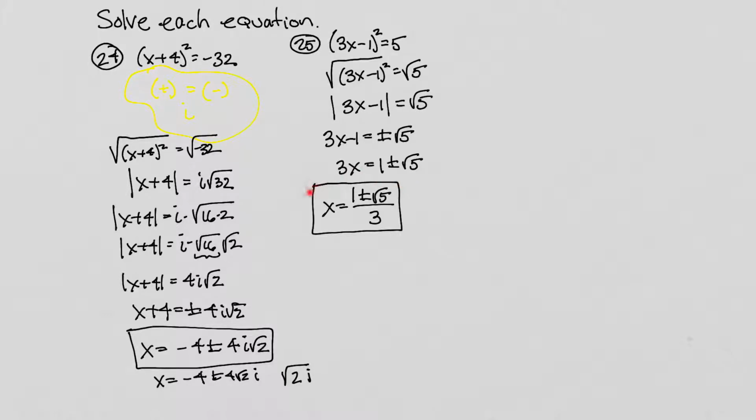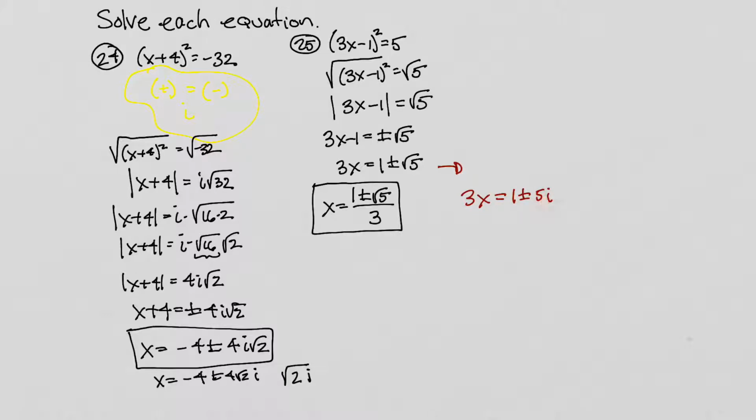So this is our solution, but let me just make one other comment here. If we had this up here, so if we had 3x equals 1 plus or minus, say, 5i? Now we don't, but just suppose we did. Then when I divide through by this 3, I'm not going to divide the entire side by 3, although some people would say that's okay.